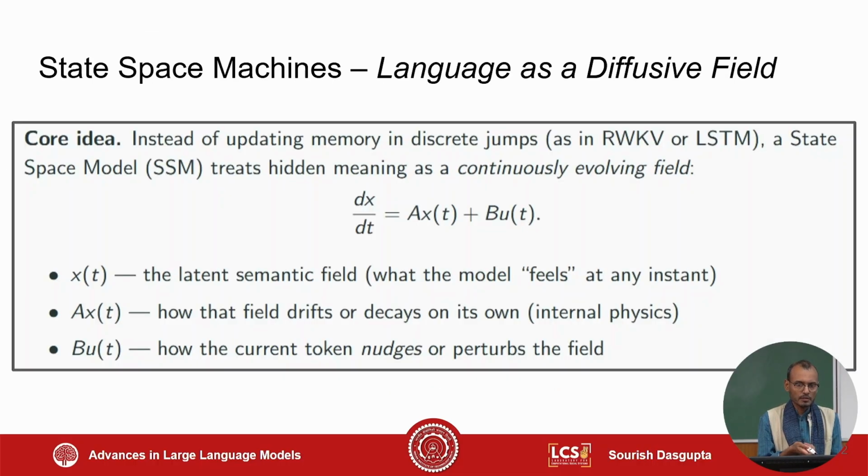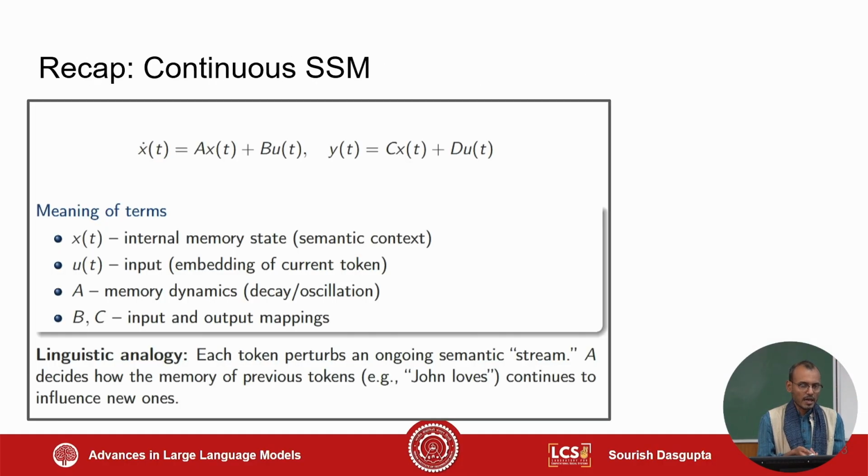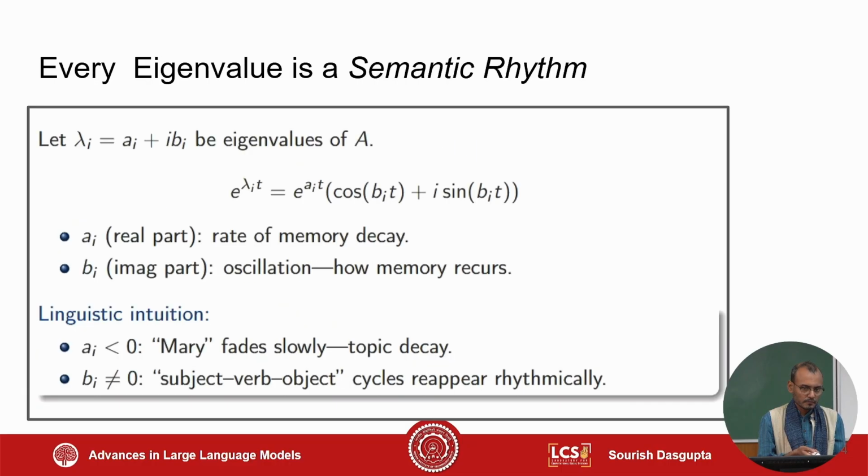So just so that you understand where we started: this was the continuous ODE form, and the eigenvectors and eigenvalues would mean this.